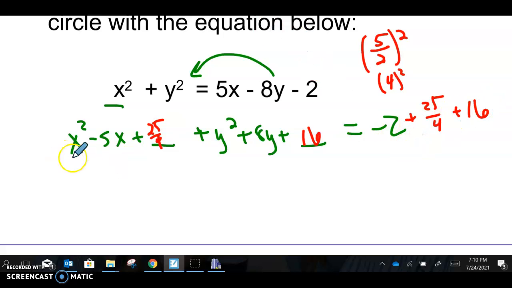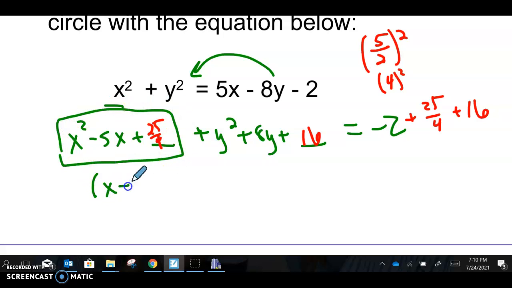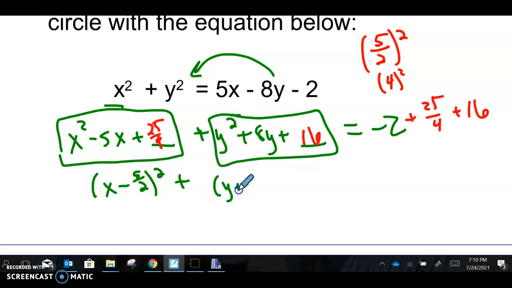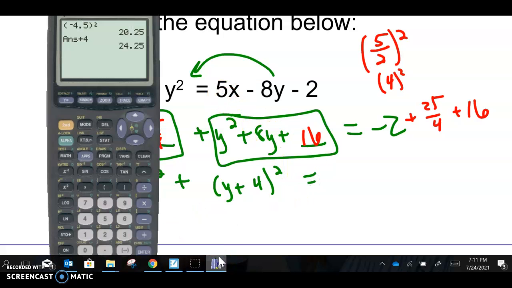The reason we do that is now I can write this as (x minus 5/2) squared. I can write this as (y plus 4) squared. Okay? That's another way of writing this.